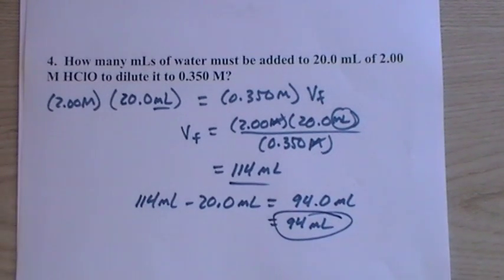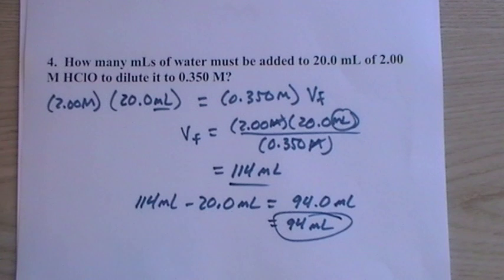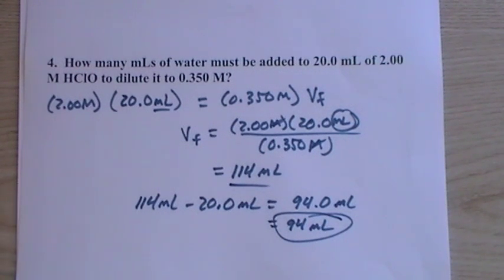94 mils. Now, if you've come across this kind of problem, there's a little catch to it: when we add water to something that already contains a solute, generally speaking, we would probably have to add more, or sometimes less, water to get to 114 mils. Usually you'd have to add more. That's okay.